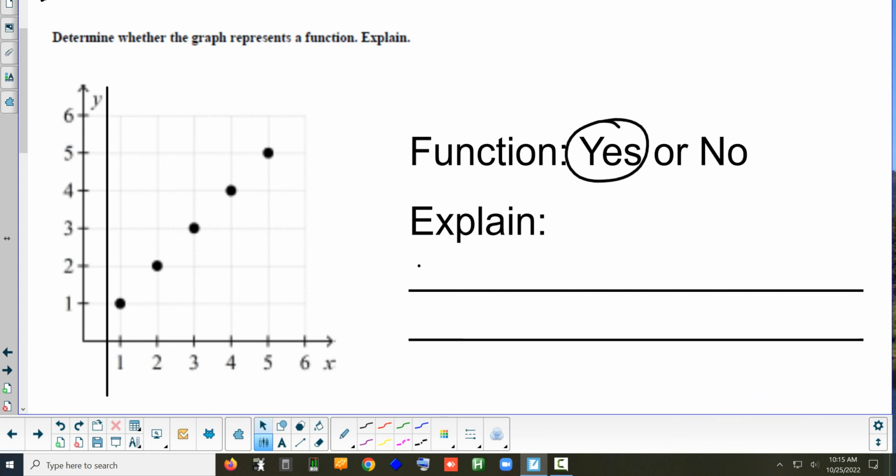So explain, this graph passes the, and instead of writing out vertical line test every time, I'm going to write vertical line test as VLT. You can write vertical line test if you want, but I'm just going to abbreviate it.